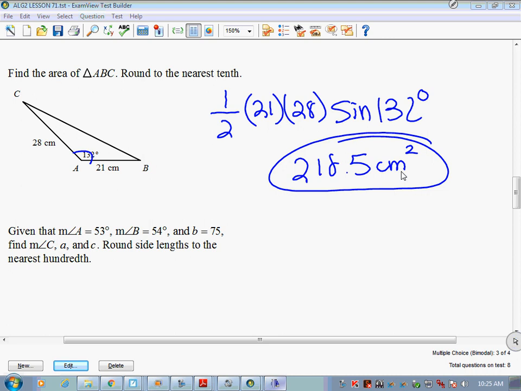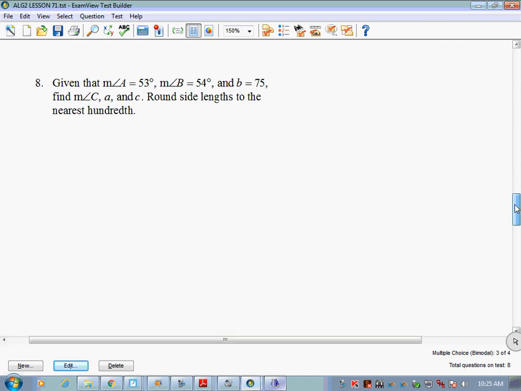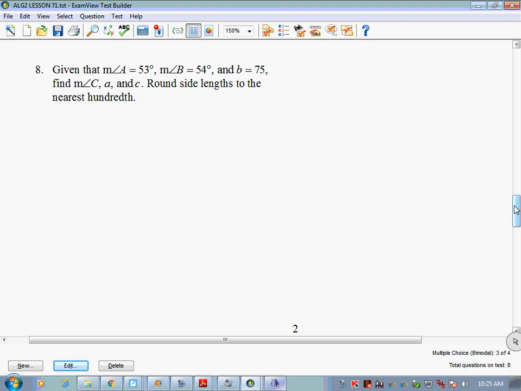All right, last question for the day, at least before you start on your homework. Number 8. It says, given that measure of angle A is 53 degrees, B is 54 degrees, side B is 75, and we want to find angle C, side A, and side C. We're going to round our side lengths to the nearest hundredth.